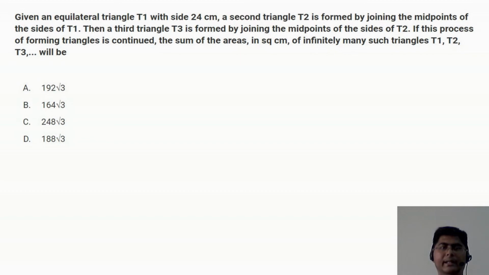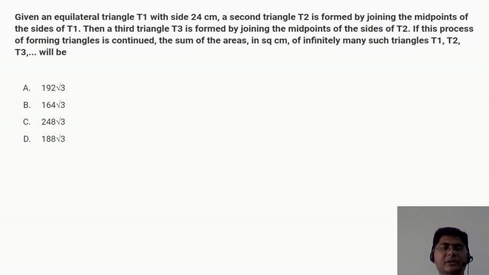Okay, let's take another CAT problem. The question is on your screen. As you can see, the question is: given an equilateral triangle T1 with side 24 centimeter, a second triangle T2 is formed by joining the midpoints of the sides of T1. Then a third triangle T3 is formed by joining the midpoints of sides of T2.